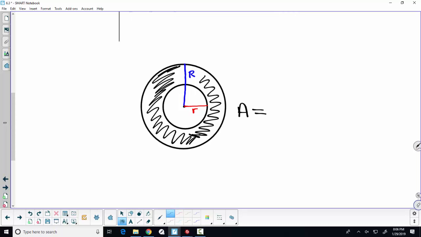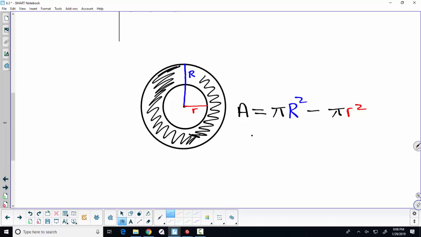So to find this area, we would take the area of the entire circle, and that's pi times capital R squared. Then we have to subtract out the area of the smaller circle. And then we'll just factor that pi out.